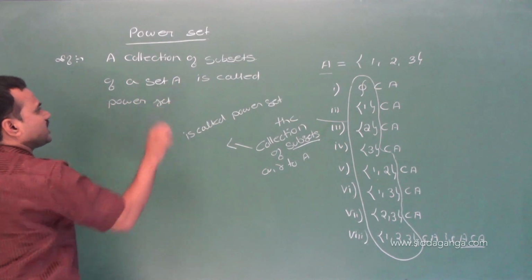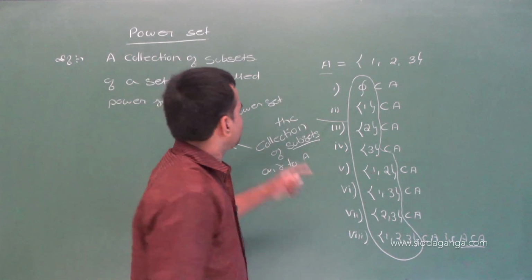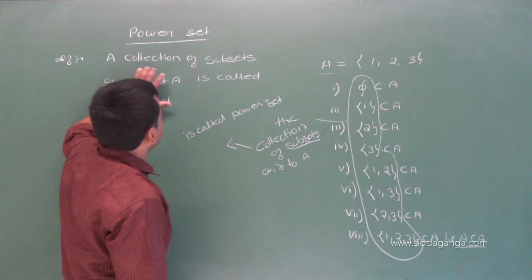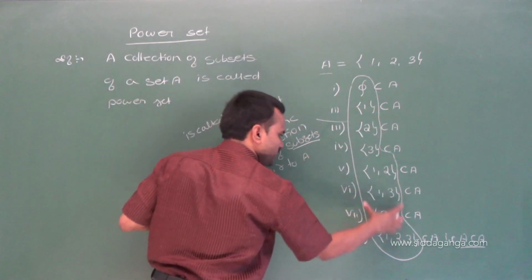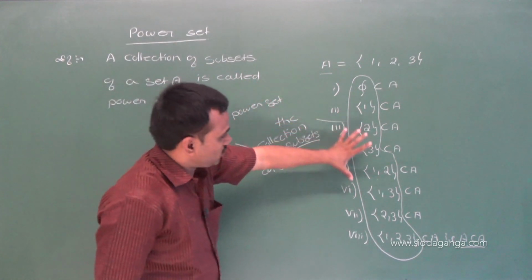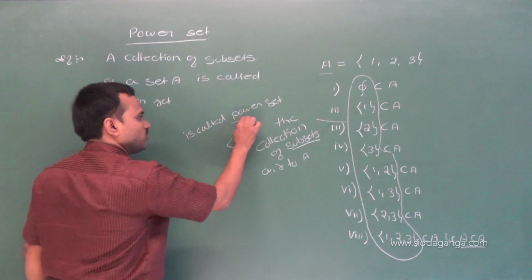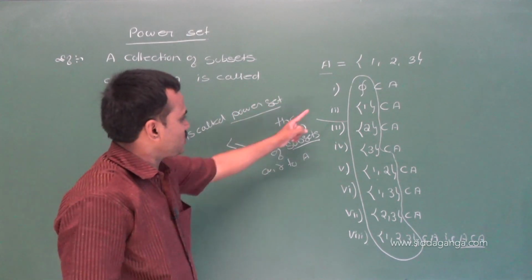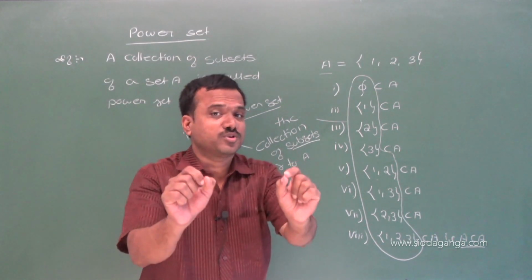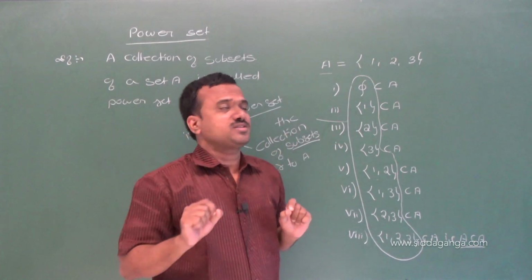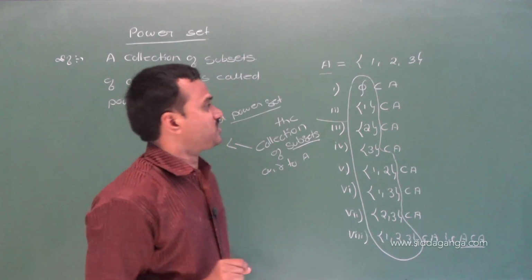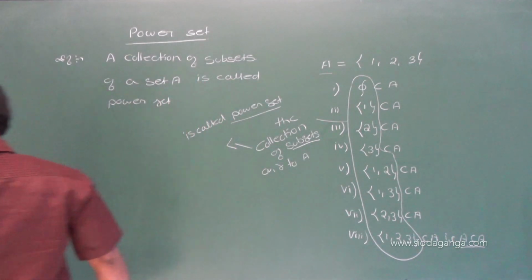The set may be A or B or C, whatever it may be. See, observe here, these are all nothing but the collection of subsets of the set A. So this collection we call the power set. Very important definition.